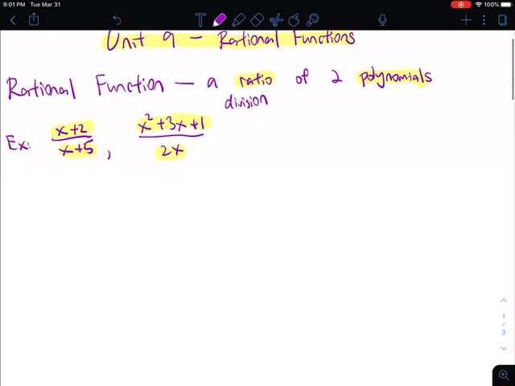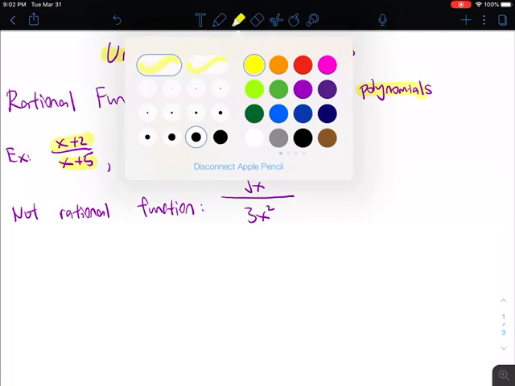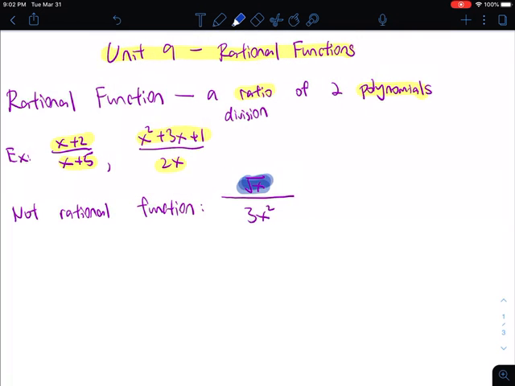Okay, so how about examples of something that's not a rational function? Not a rational function. And we can come up with plenty of these as well. So let's say we have square root of x over 3x squared or something, right? So this one is division. However, the problem is this guy on top, square root of x, this is not a polynomial.